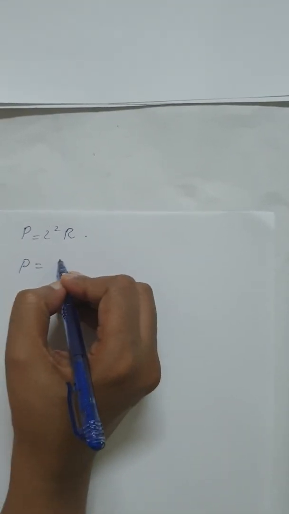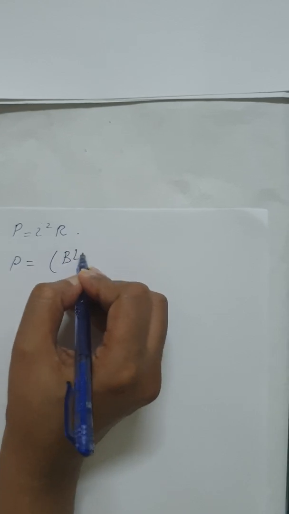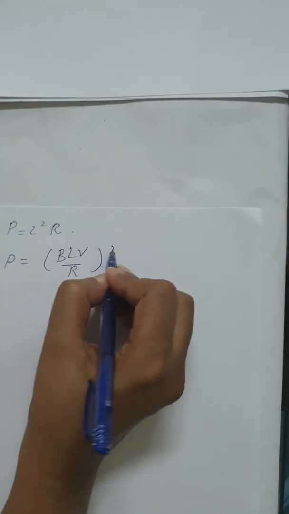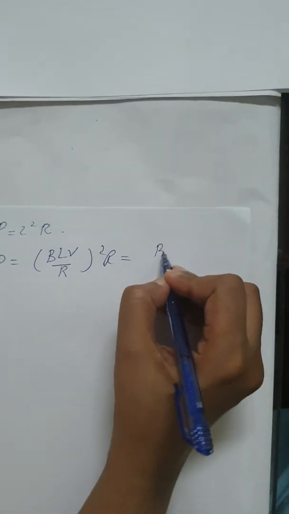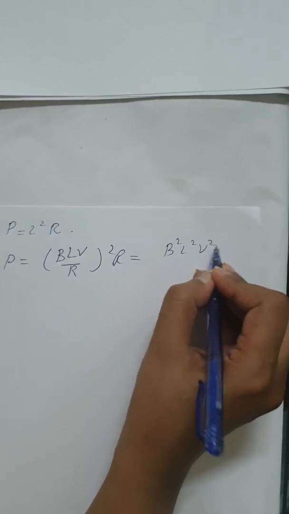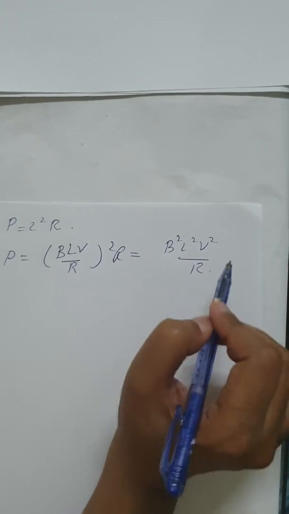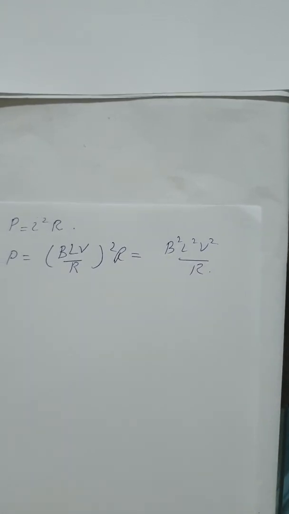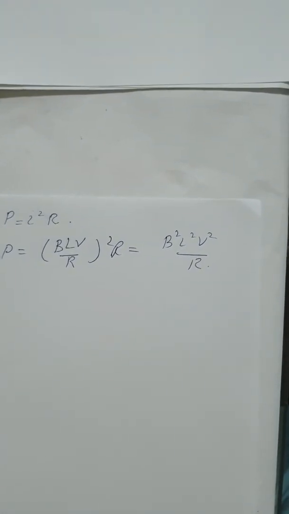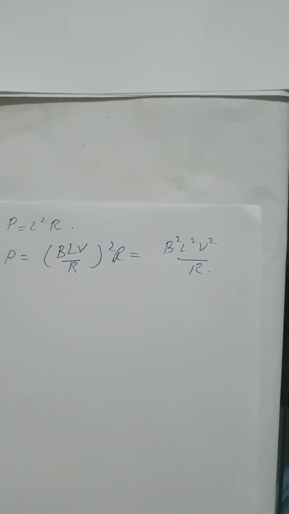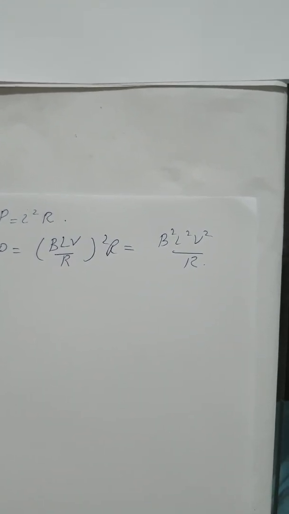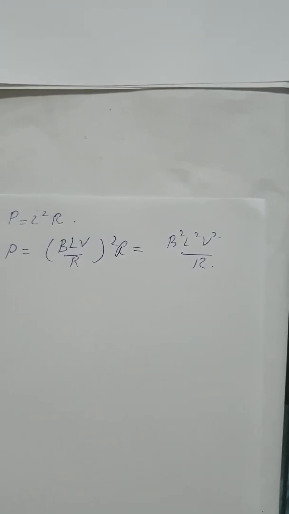The power becomes B square L square v square over R, which is exactly equal to the rate at which we are doing work on the loop. So the work that we use to pull the loop through the magnetic field appears as thermal energy in the loop.